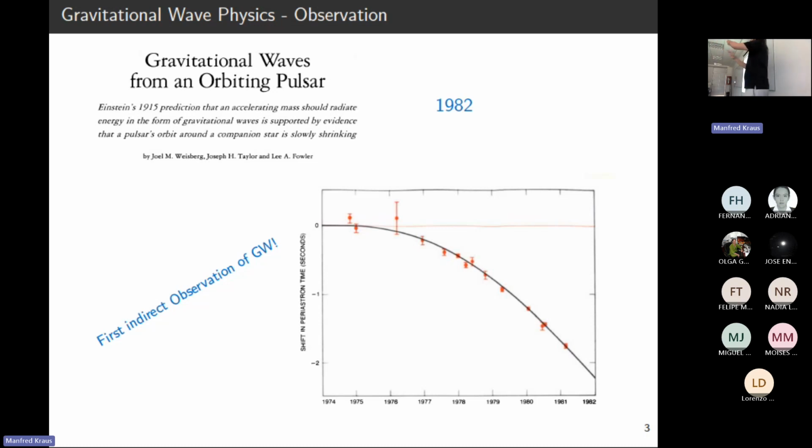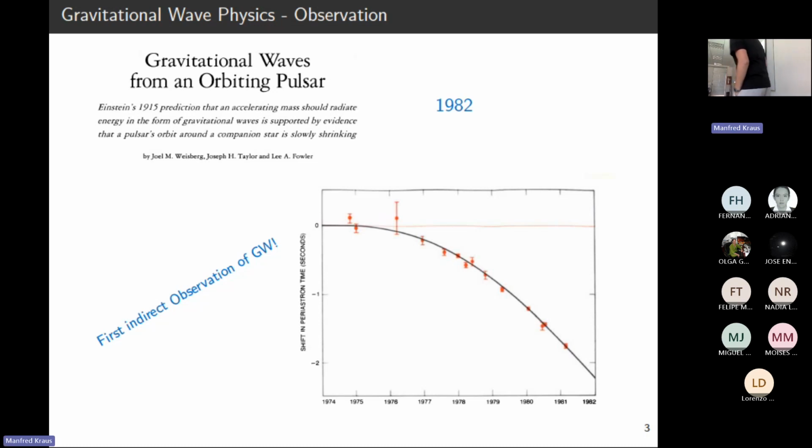So you have two stars that spiral around each other, and over time they will come closer and closer and become faster and faster until they collapse. So if the system emits gravitational waves, then the two neutron stars will come closer to each other faster, because you're radiating away energy from the system. So in order to preserve angular momentum, the radius becomes smaller and they have to get faster.